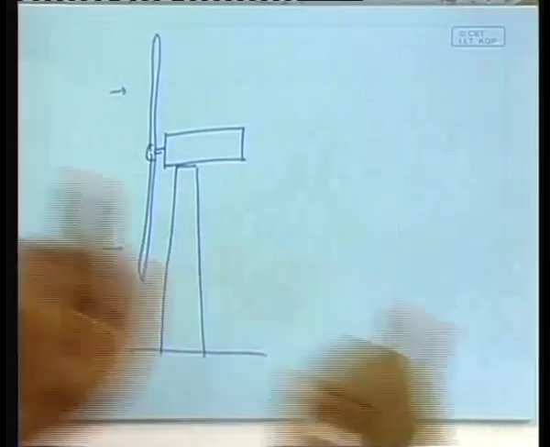Why? Because there are 2 blades that are not undergoing that reduction in the torque, only one blade is undergoing the reduction in torque. So, the total reduction or the fluctuation, the pulsation will be less felt by a 3-bladed turbine than a 2-bladed turbine.